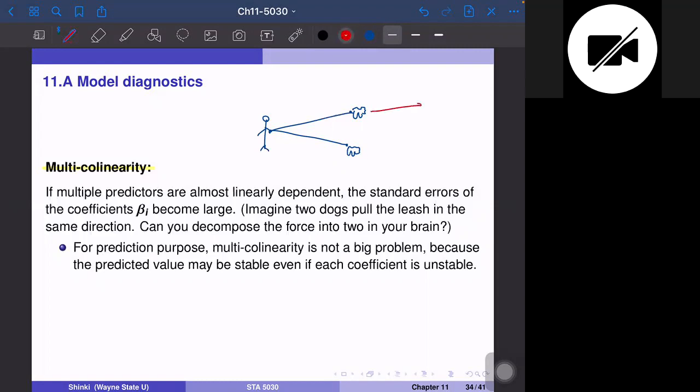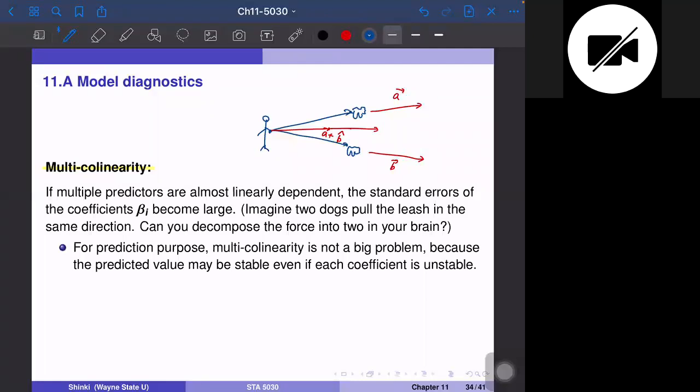Then you feel just the entire force. So if this is vector A and this is vector B, then you can only feel A plus B. And it's really hard to decompose how strong each of the dogs is.